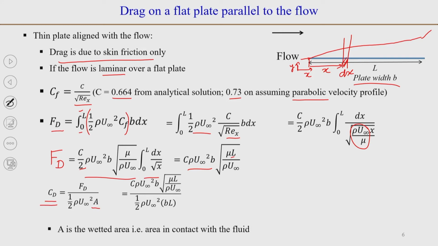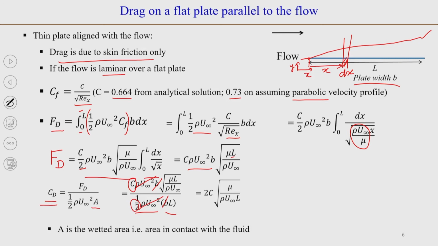So, F d is C rho u infinity squared B into square root of mu L by rho u infinity, and this is divided by half rho u infinity squared B L. Now, rho u infinity squared will be cancelled, B will also cancel, and you will get 2 multiplied by C, and one square root of L will cancel.